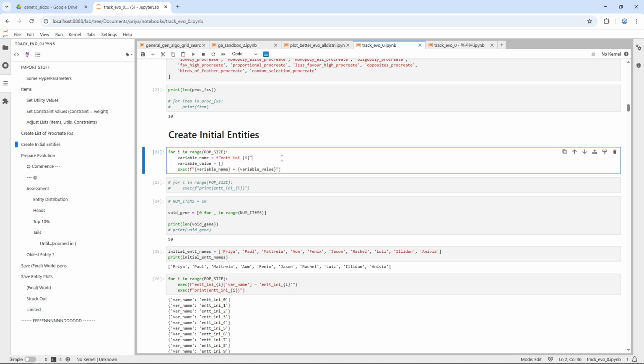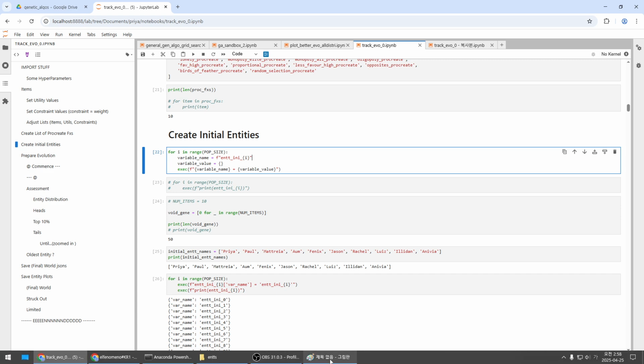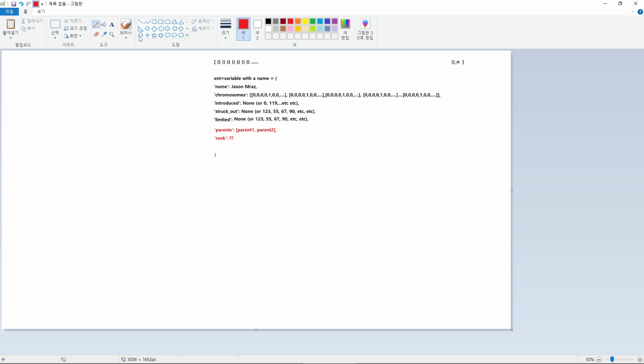And then I create the initial entities. I know people on the internet advise against creating them this way, because it will just fail miserably.